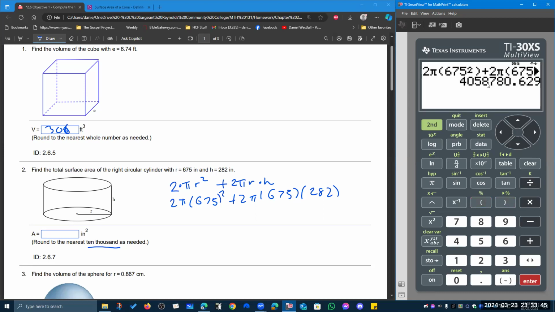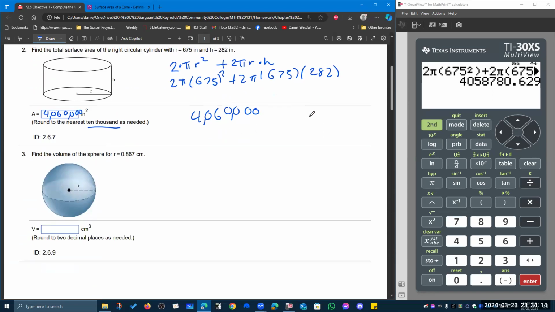So tens, hundreds, thousands, 10,000s. 4,060,000 square inches.